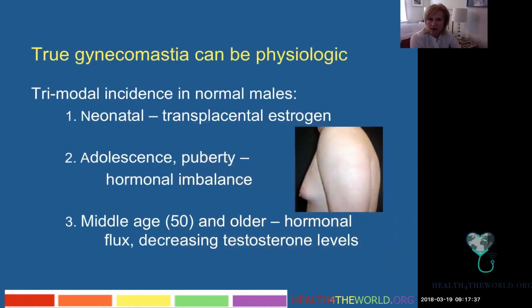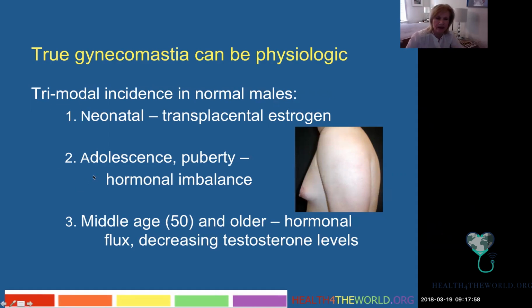Okay, true gynecomastia is very often physiologic, and there are 3 times in the life of a male when we can see physiologic gynecomastia. First in the neonate, because of transplacental estrogen. There is a little bit of stimulation of the breast bud, so little baby boys can have a little breast bud, which goes away.